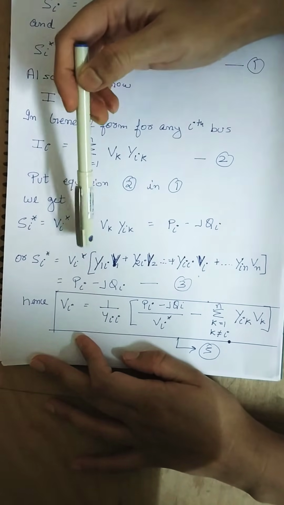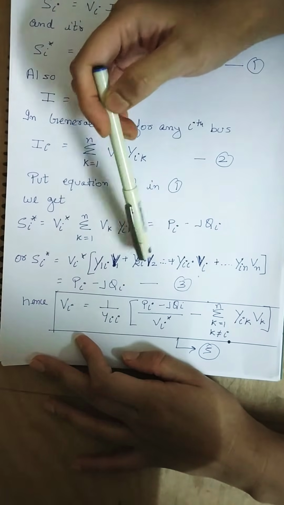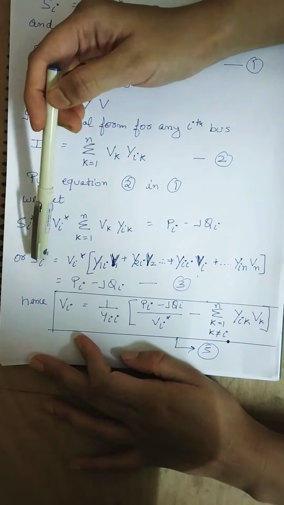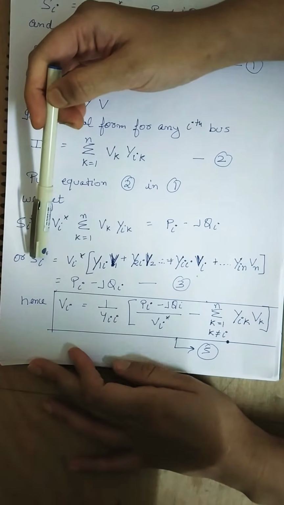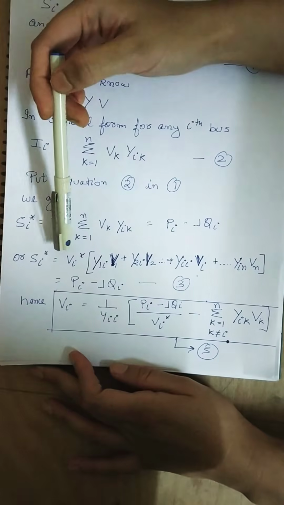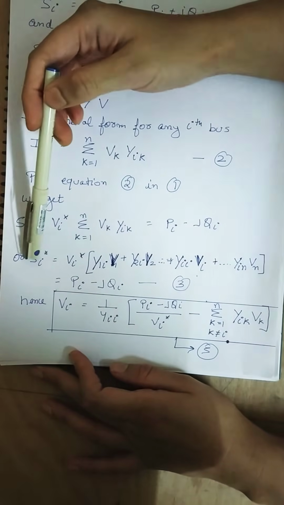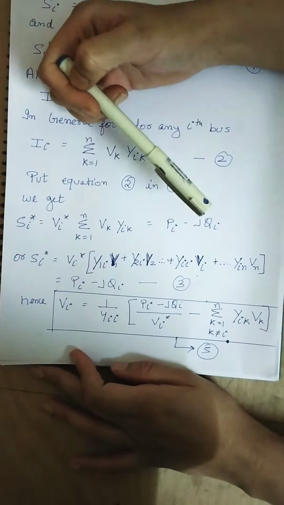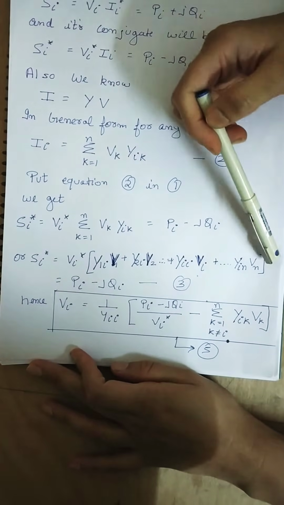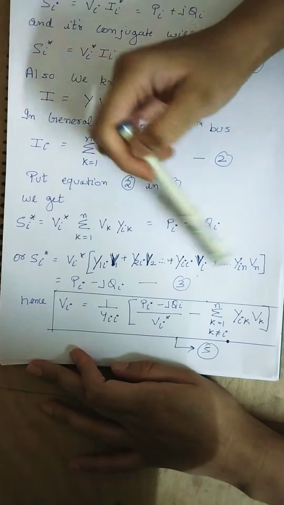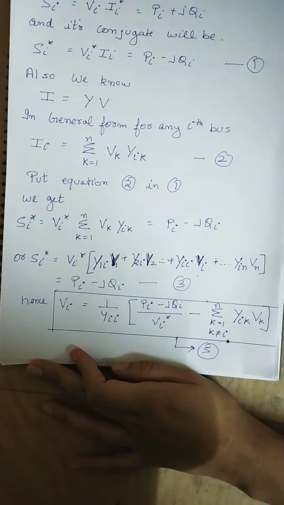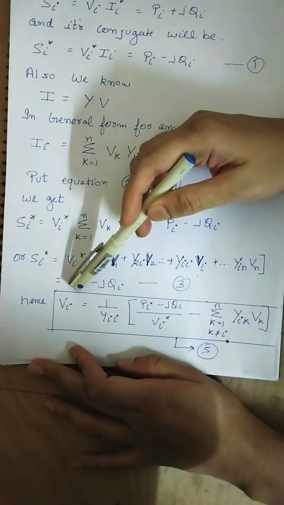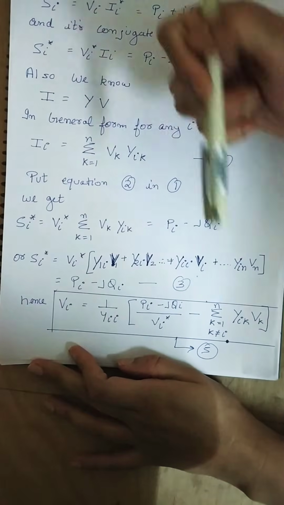Now everywhere where there is k, we have to put 1, 2 and 3, and i should remain the same because we are talking about the complex power of the ith bus. So that's why we will write all the k values till n. Now when we open this formulation of equation 3, we will get the next equation, which is the main equation which we have to follow.